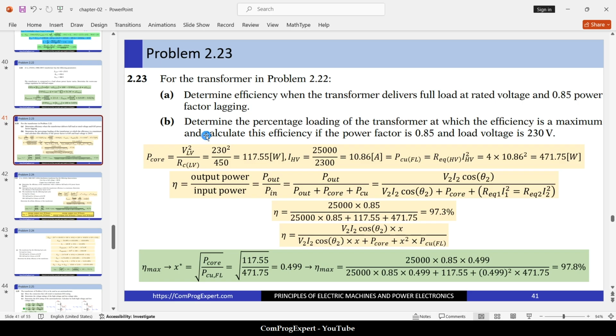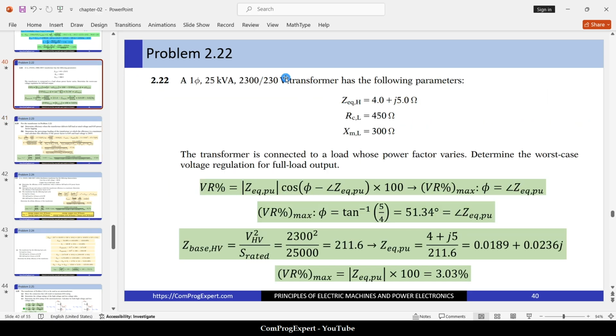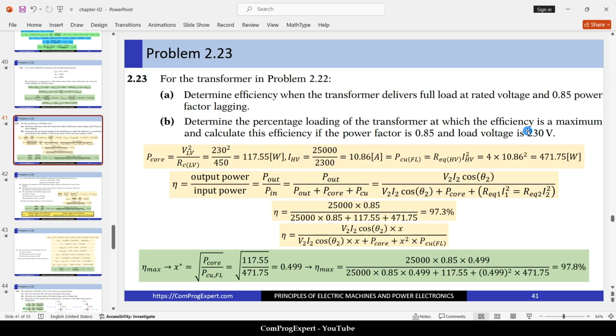So the load voltage is equal to the rated voltage of the secondary side, 230. So to calculate the efficiency, we should calculate core loss and copper loss.